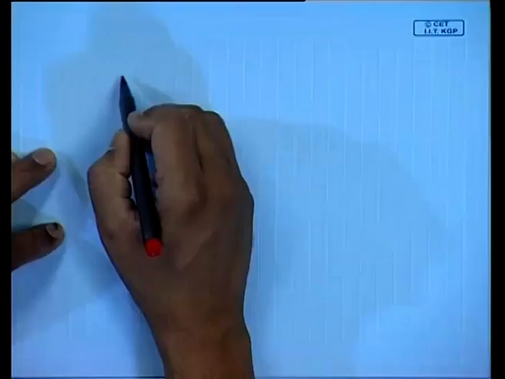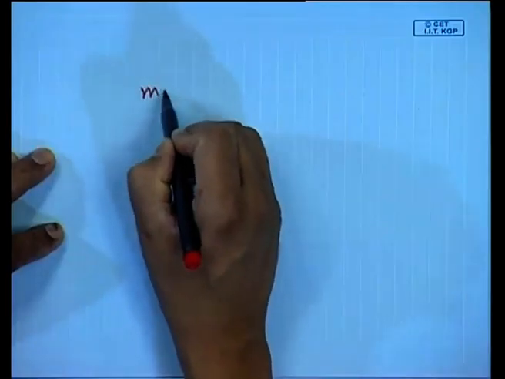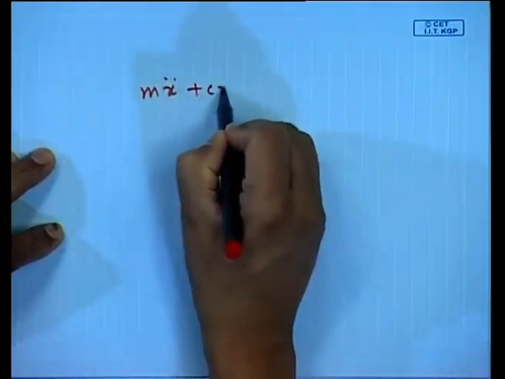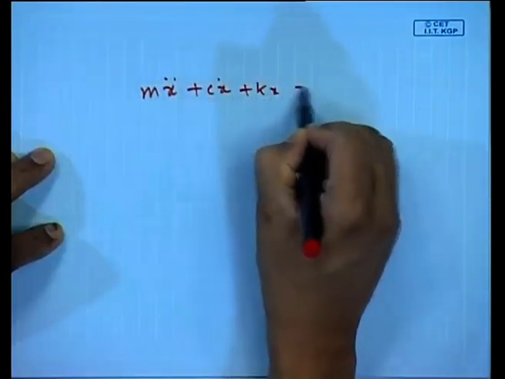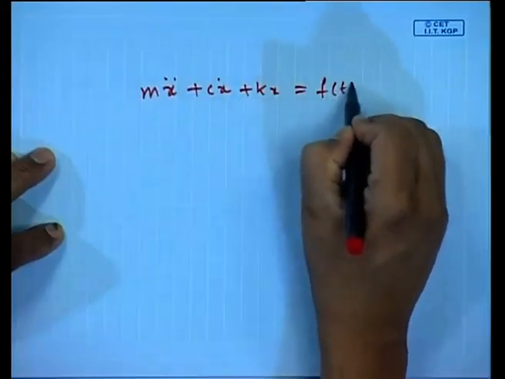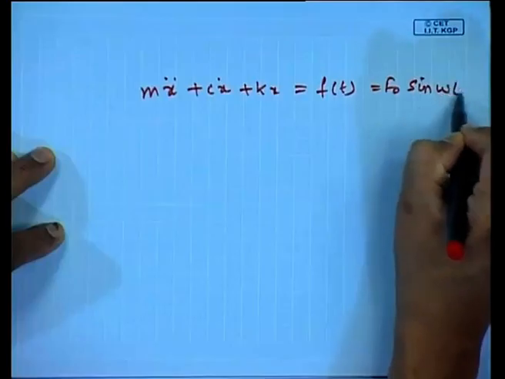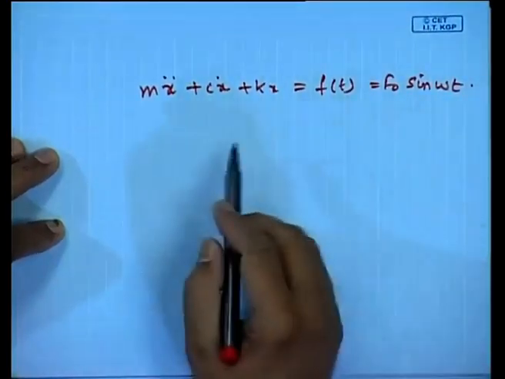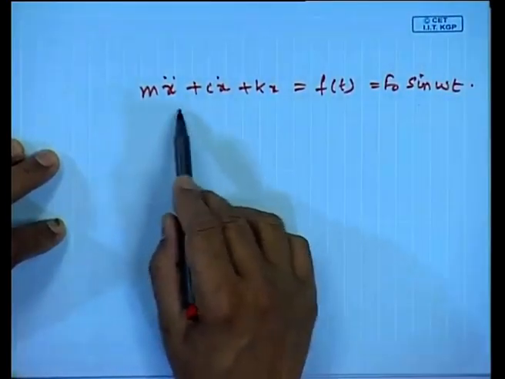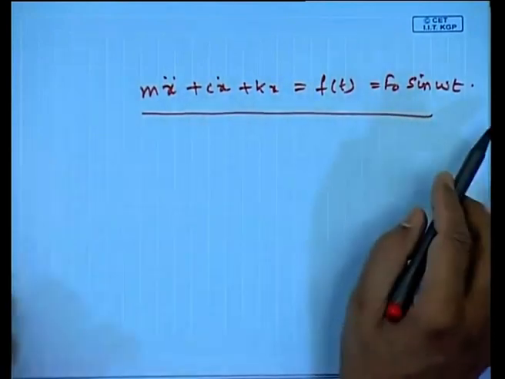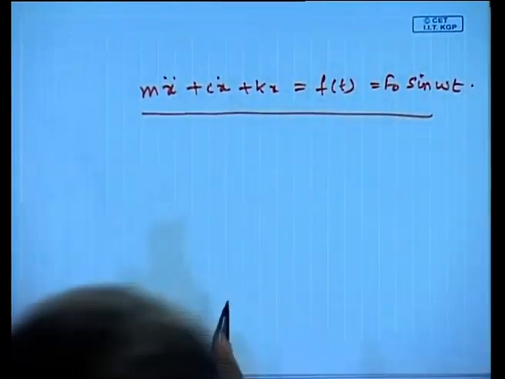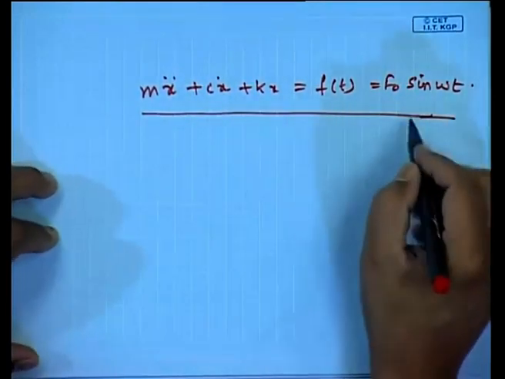So, this equation of motion is actually a second order differential equation. But I should tell you something more about this equation, in the sense that there are certain terms which we can denote here.